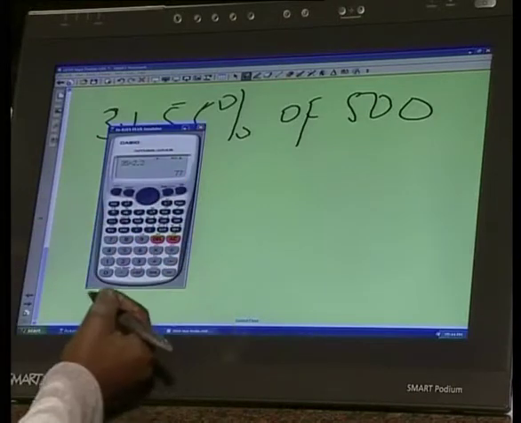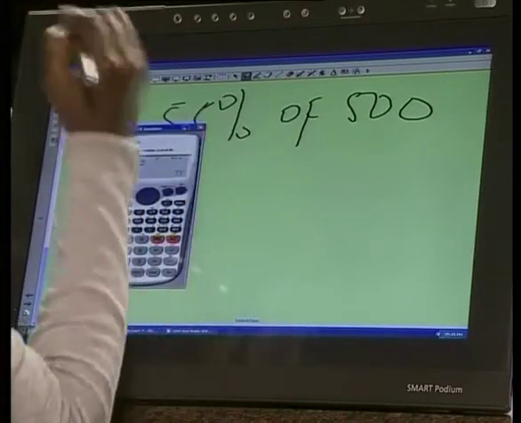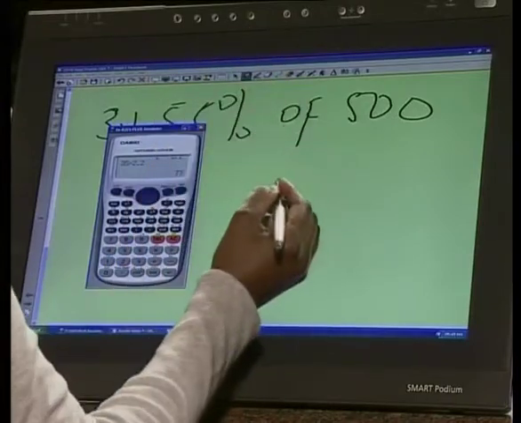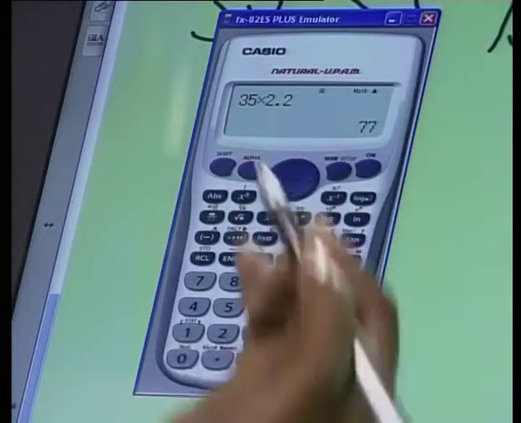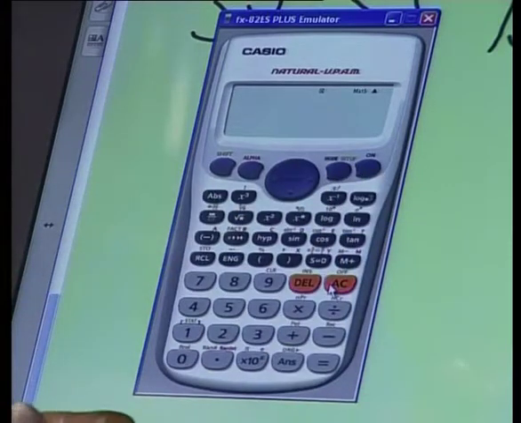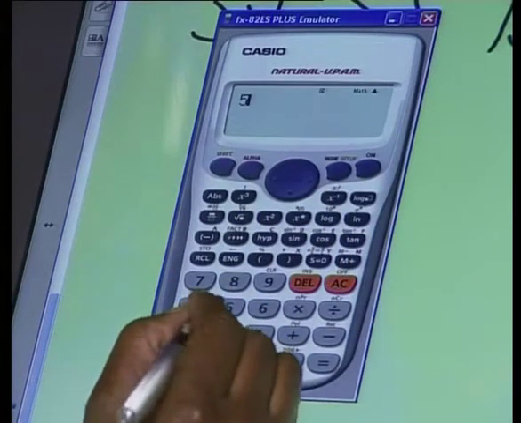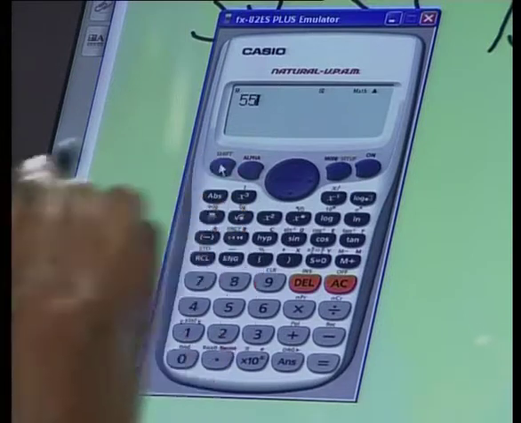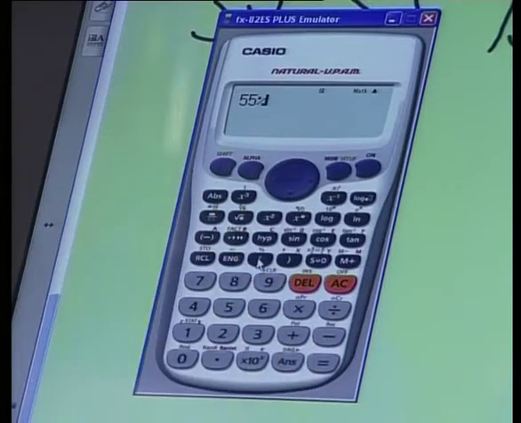You simply go to your calculator. What you need to remember is very crucial, and you've been already told that numerous times. Of means multiply. So you go to your calculator, you make sure that it's on. Then you simply say 55. You go to shift, and there it's your percentage.